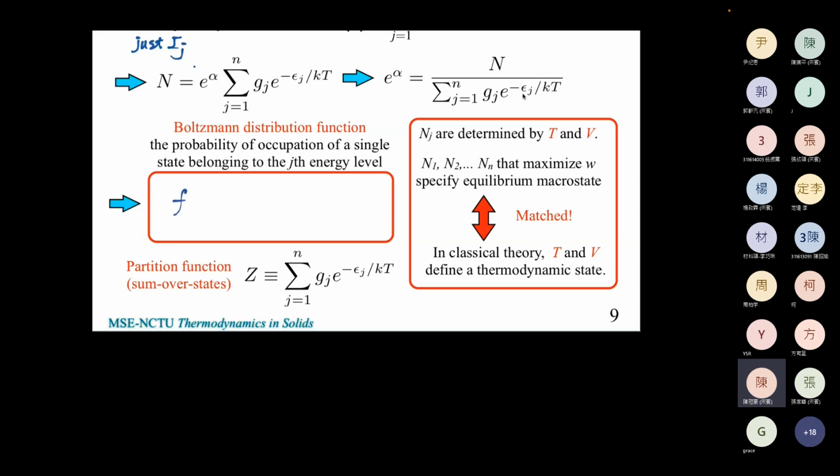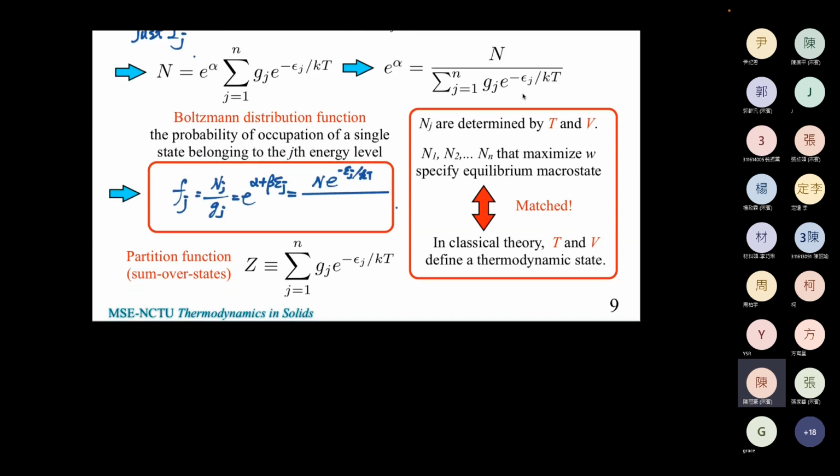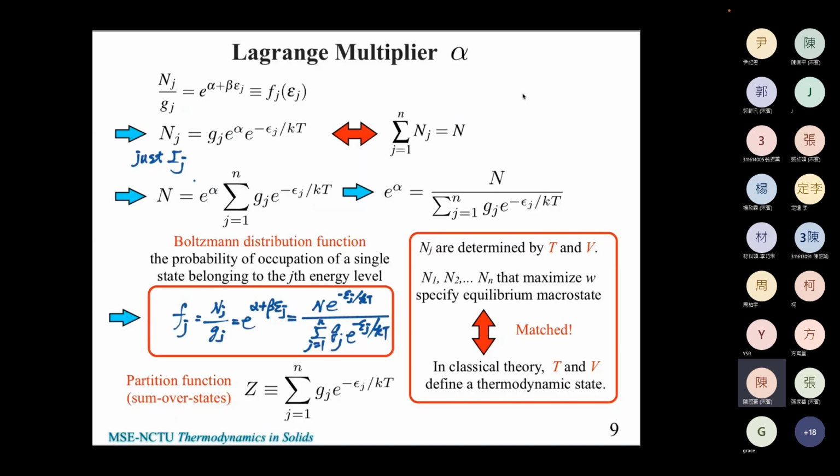So this is f_j equal to n_j over g_j, which is equal to exponential alpha plus beta epsilon_j, which is equal to n exponential minus epsilon_j over kT, divided by the sum, so n_j equal to n over Z times g_j exponential minus epsilon_j over kT. Okay, so that's the final form of f_j.